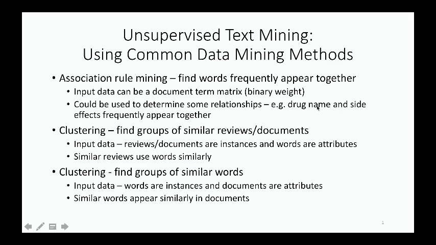For example, if some of the words are drug names or medication names, and some other words are in the category of side effects, and if medications are often found to be associated with side effects, then there could be some concern with a high frequency of side effects when taking a drug. So this is an example of applying association rule mining to text.